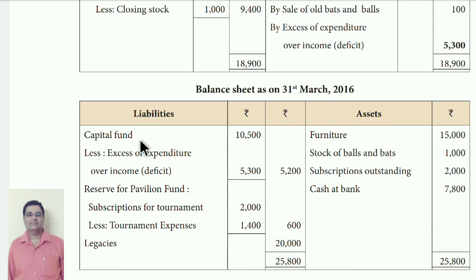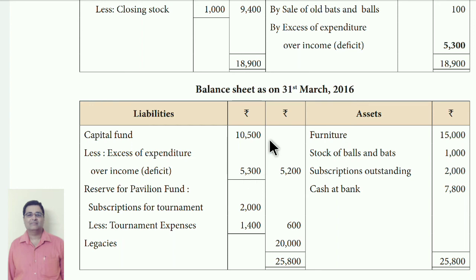So capital fund 10,500 less excess of expenditure over income, deficit. So this is loss, so it is less 5,300, outer column 5,200. So capital fund we written here.